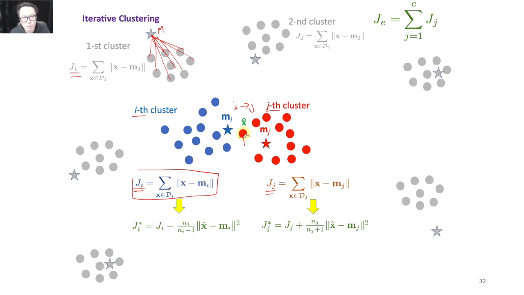After we move this point from i to j, this is the change of the cost. Ji minus this one must be positive, because this is the distance. So Ji is reducing, and we use Ji star to denote the updated Ji. The same for this one: because we have a new point, we will increase the cost, and we use Jj star to indicate the updated cost.